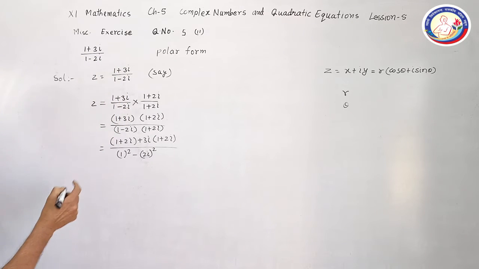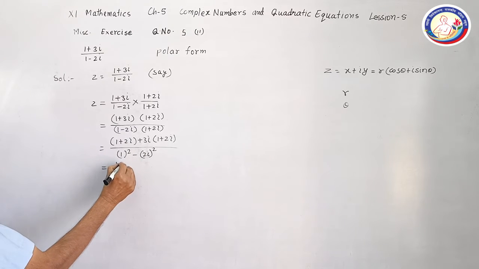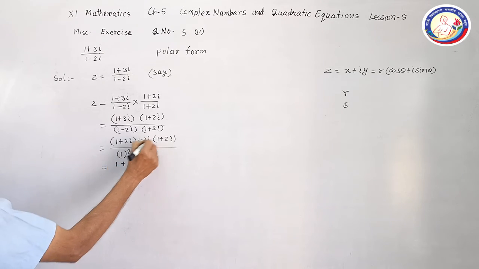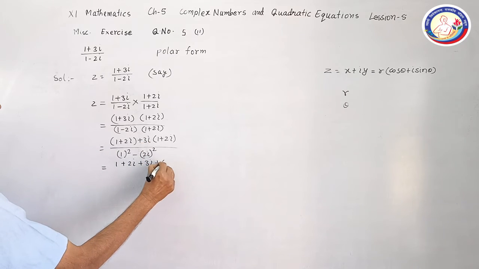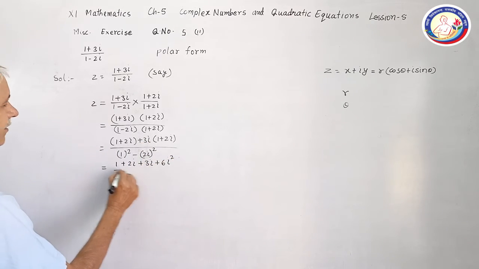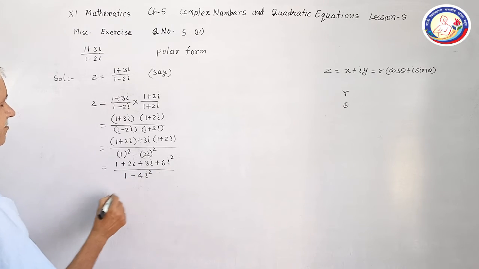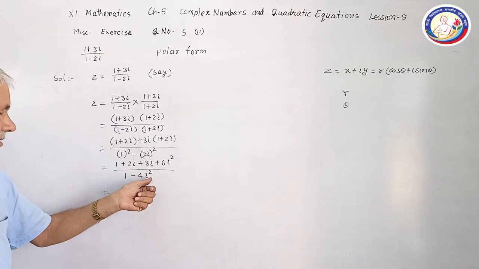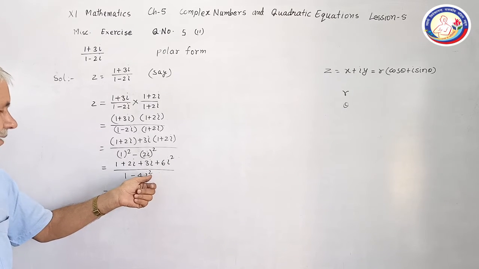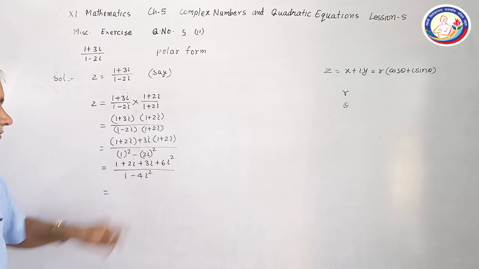Now simplify this. 1 plus 2 iota, 3 into 1, that is 3 iota, plus 6 iota square. And here 1 minus 4 iota square. We can write iota square as minus 1. We can put here minus 1 and minus 1 here also.